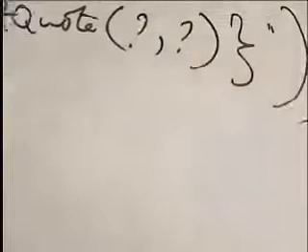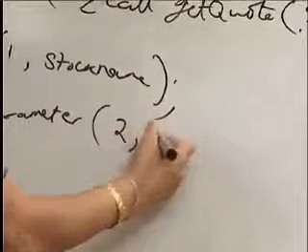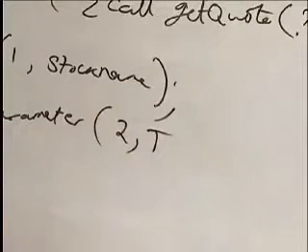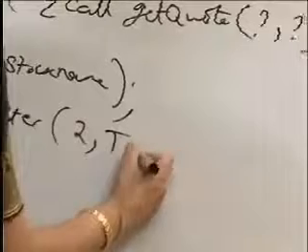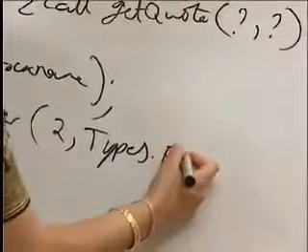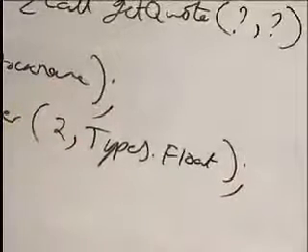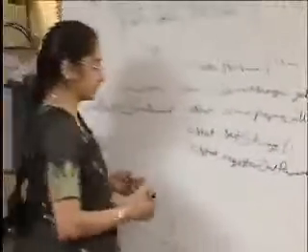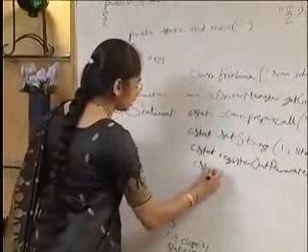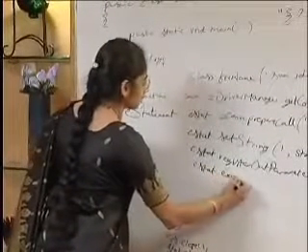The index of the out parameter is 2, so specify that, and let's assume it's going to return a float type of value, so Types dot float. Now execute your procedure, so cstat dot execute.